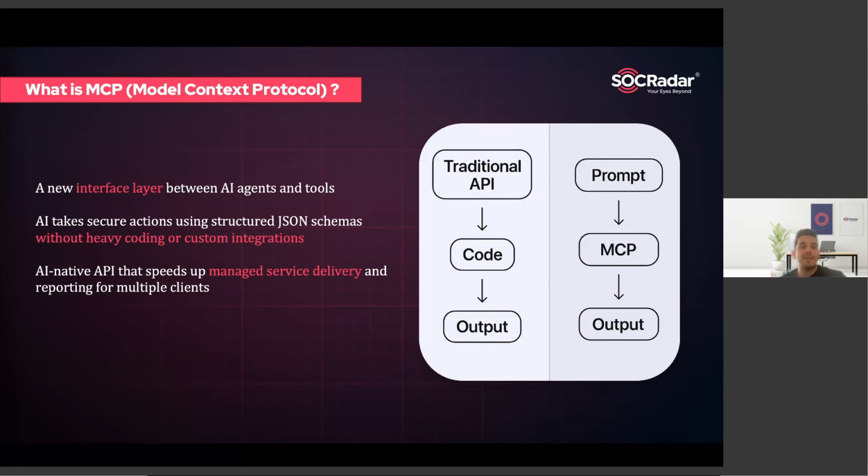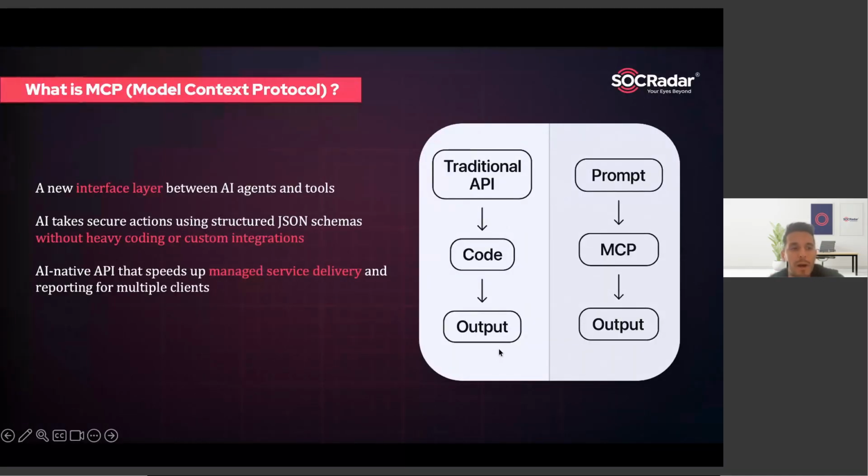I would like to start first of all by explaining what is MCP, what is Model Context Protocol. Today, to connect AI to your security tools, you need three steps, as you can see on the left side. You need to call an API, then you need to write code to process it, and then you are going to get the output.